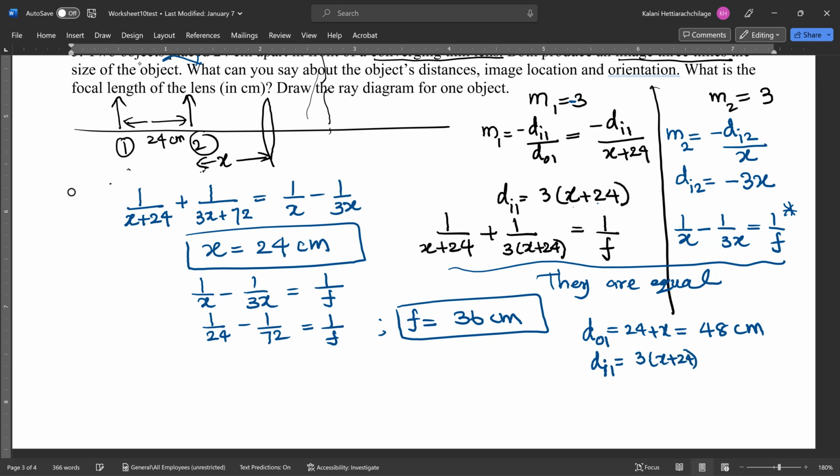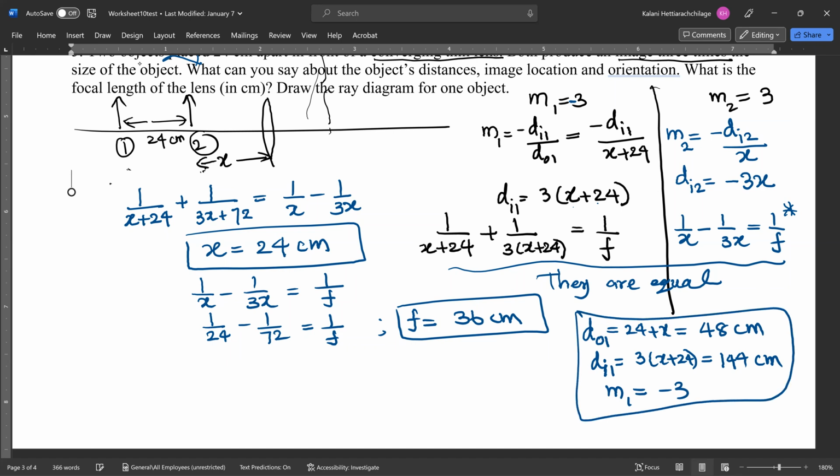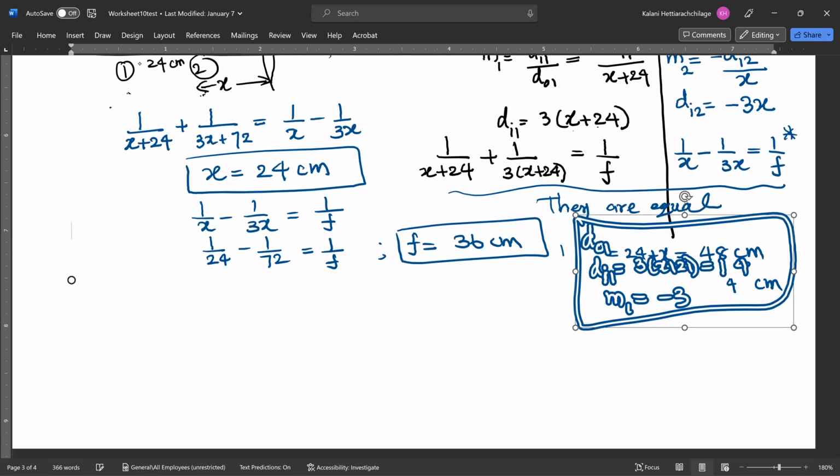That means 48 times 3, that means 144 centimeters. And then do the same for magnification: M1 is -3. That information is for your first lens. Okay, this is for the first one.